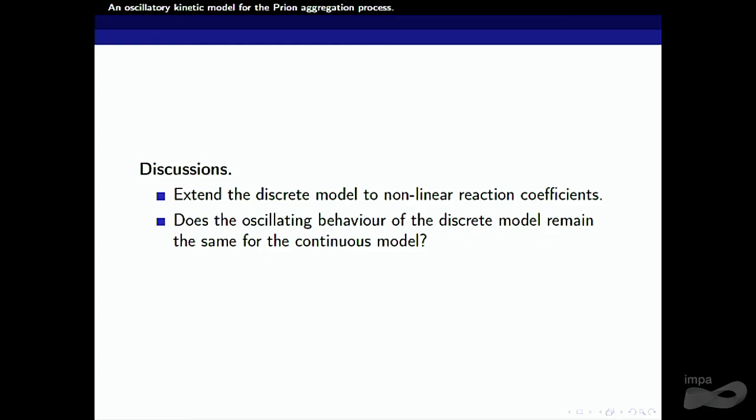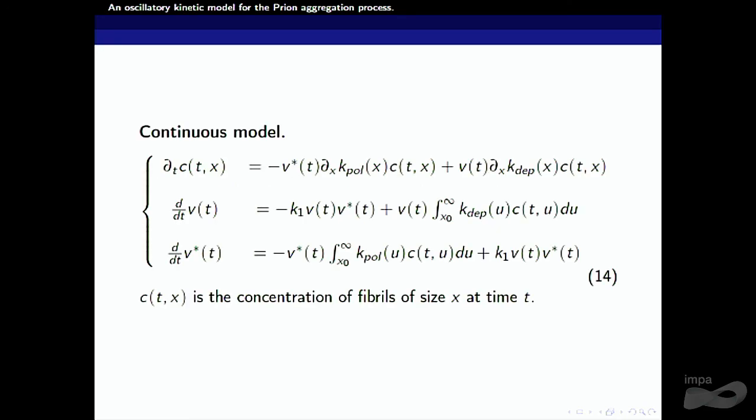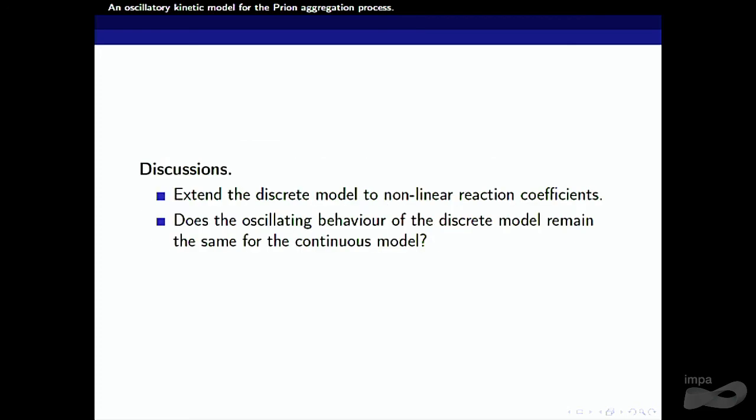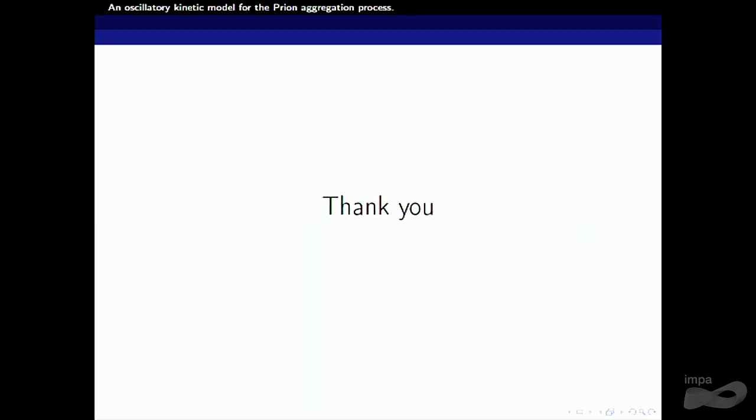And then the next step is also, because the continuous model is a limit of the discrete model, but we are not sure if they will have the same oscillation behavior for the first or second moment of the continuous model, we want to study the links between the behavior of the discrete model and the continuous model. Okay. Thank you.